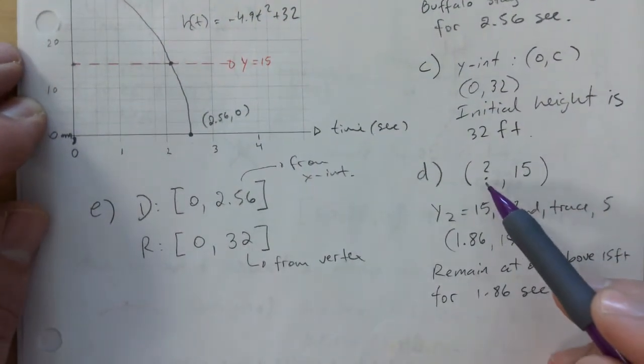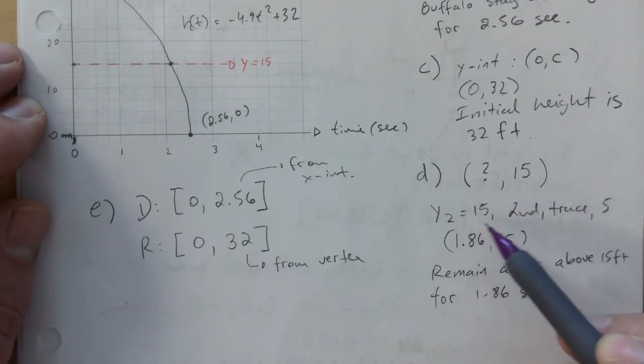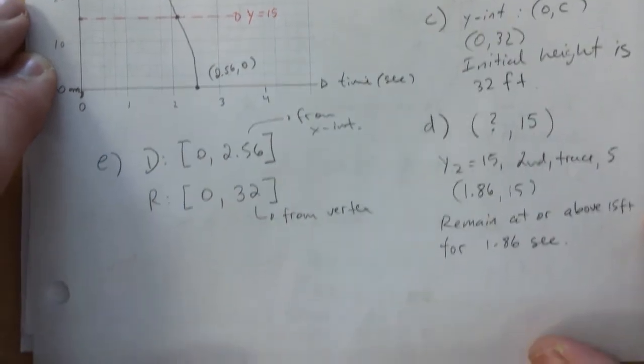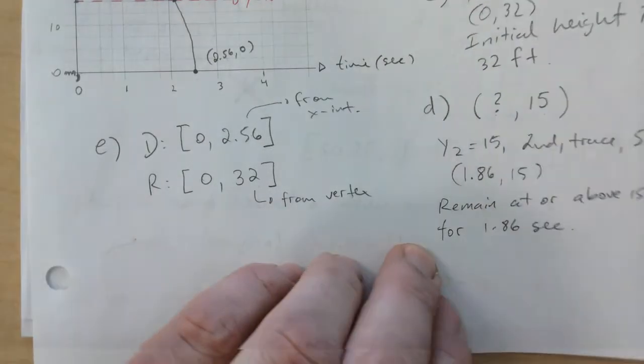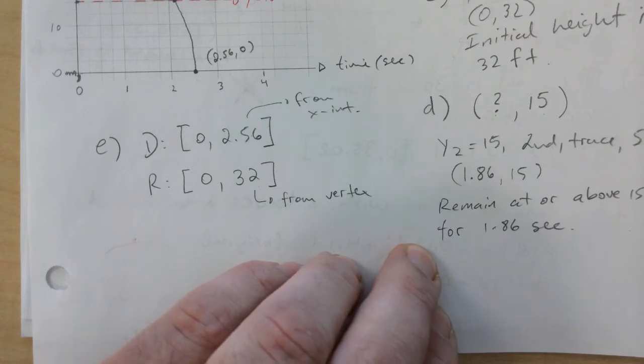So all you do there is, what's the x value when y is 15? You graph that, and it's 1.86 seconds. Okay, and maybe what I will do here is for your notes, I will quickly find the other one so you know.